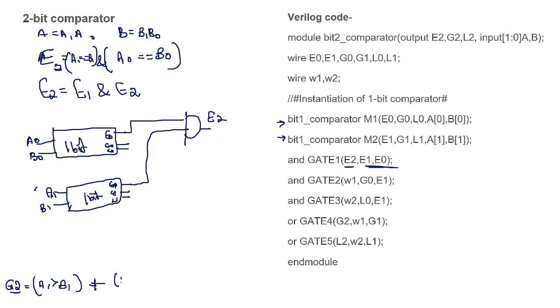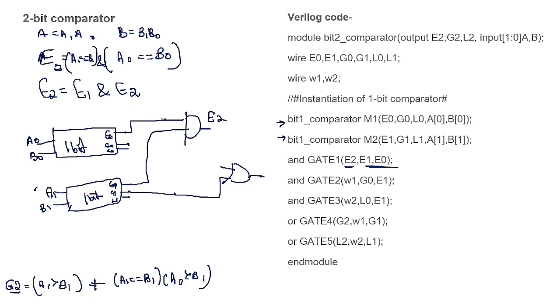Or if A1 is equal to B1 and my A0 is greater than B0. So I need G1, if this is greater, or I need two conditions.